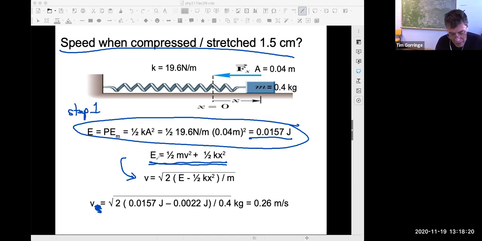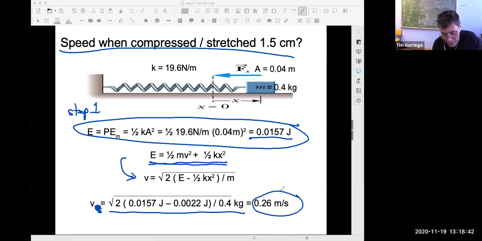So that's just a bit of algebra. But now if you look at that equation, everything inside it, the total energy E, the spring constant, the amount that we stretched or compressed the spring, and the mass of the object, they're all known to us. We can just plug them in. I won't go through the list of them, but I plug them all in here.